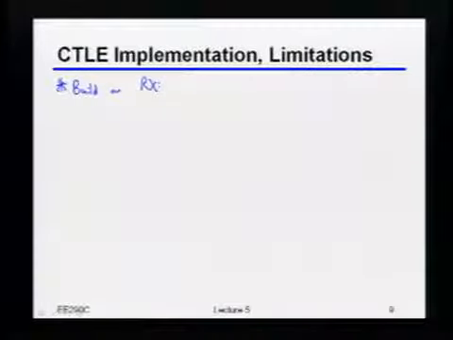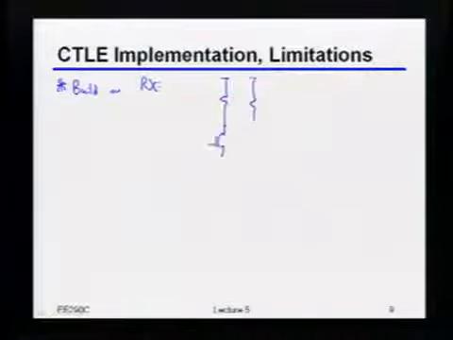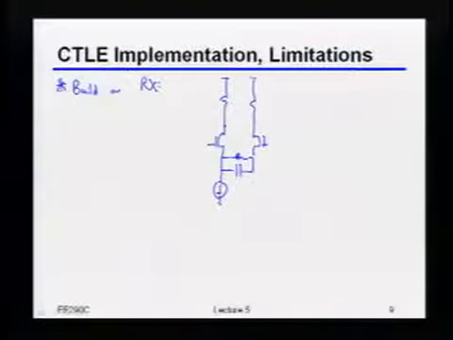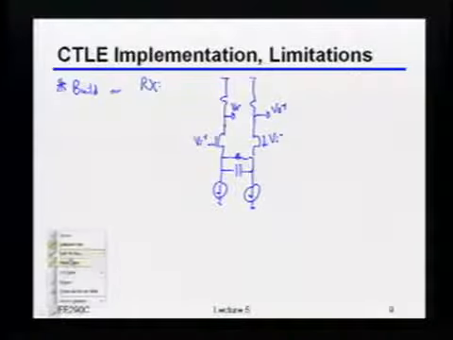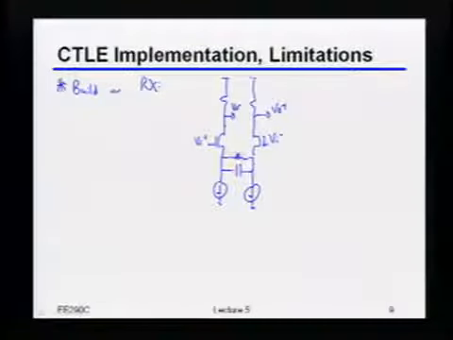Again, as a reminder, there's lots and lots of different ways you can do it. But one of the most common ones looks something like the following. What you basically do is just degenerate some differential pair. Let's call that VI plus, VI minus, VO minus, VO plus. The idea here being, of course, that at low frequencies, the gain is degenerated by that resistor.